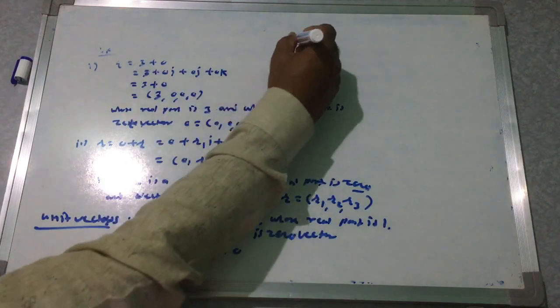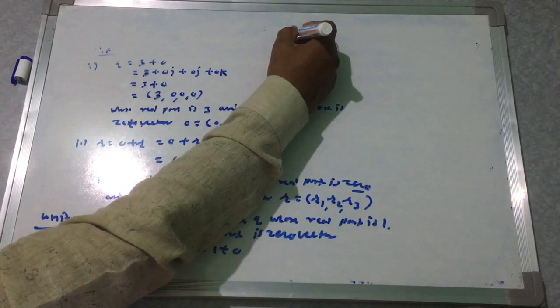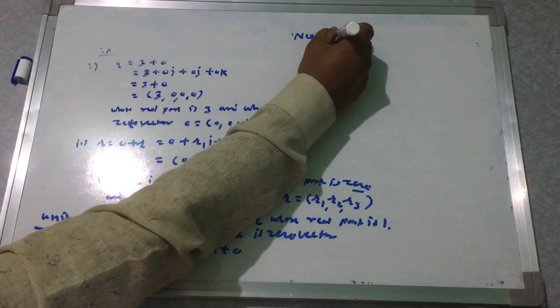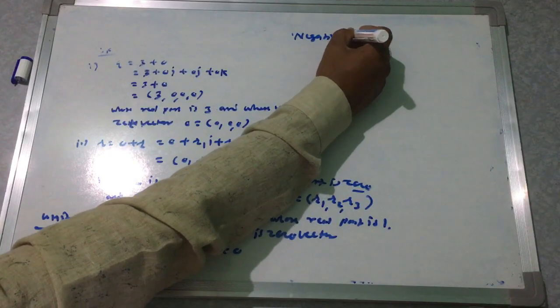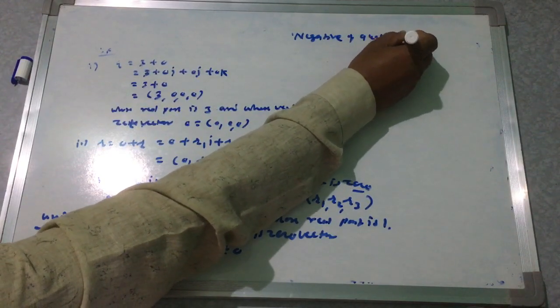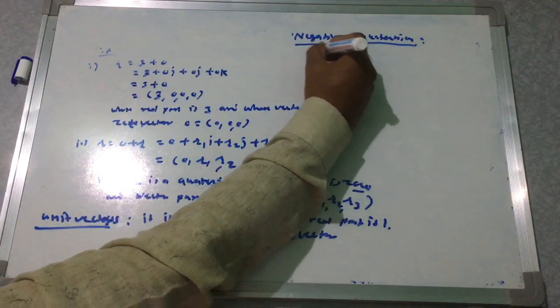Then we have here the negative of a quaternion.